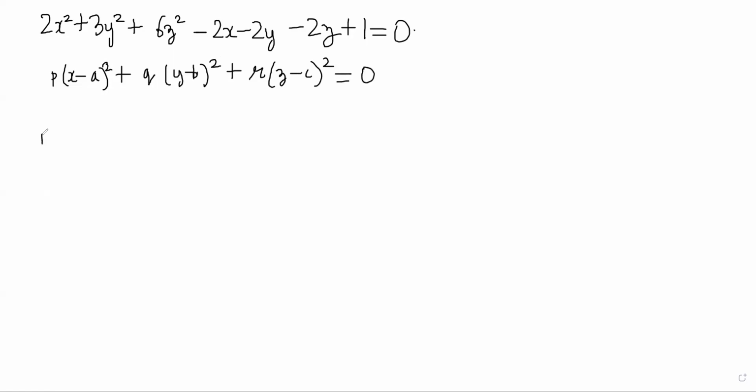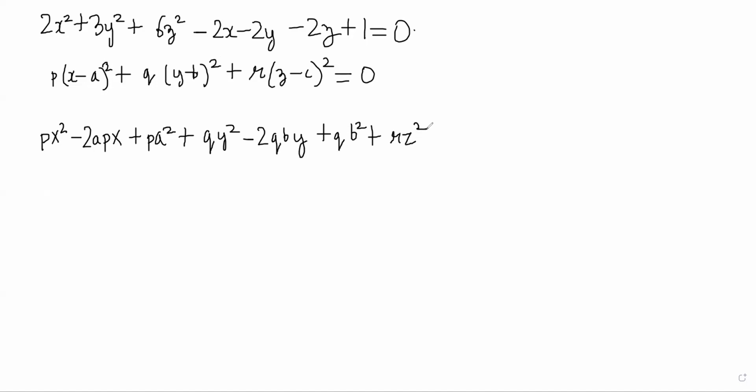And expanding this, I get px square minus 2apx plus pa square plus qy square minus 2qby plus qb square plus rz square minus 2crz plus rc square equals 0.